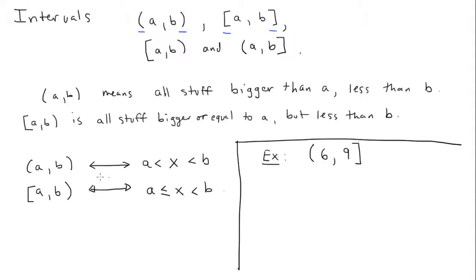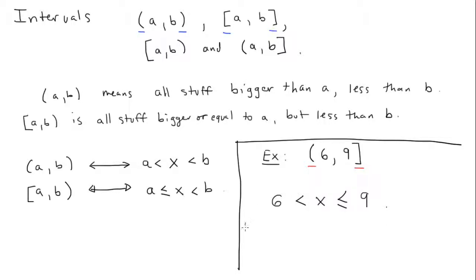So in this case, A is playing the role of 6, B is playing the role of 9, but we have one minor difference, namely we have a round parenthesis to the left and a square bracket to the right, so it won't be exactly like this previous example, but it'll be close. So this would be 6 less than x less than or equal to 9, where the round parenthesis gets a less than, and the square bracket gets a less than or equal.